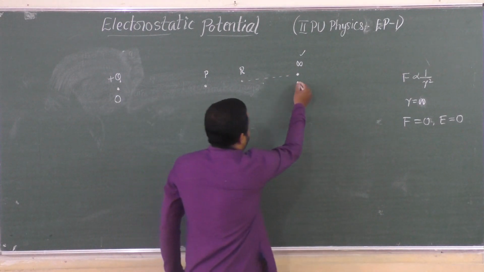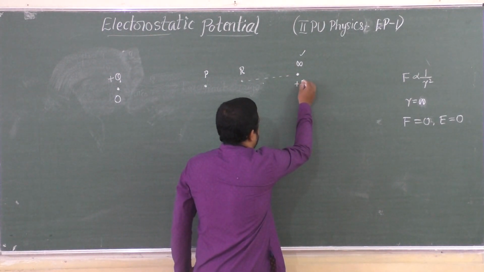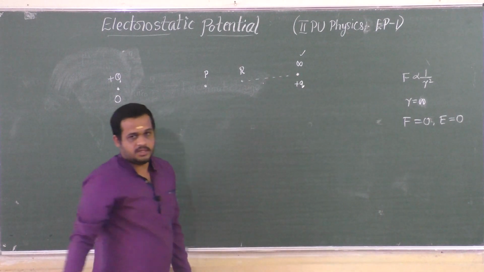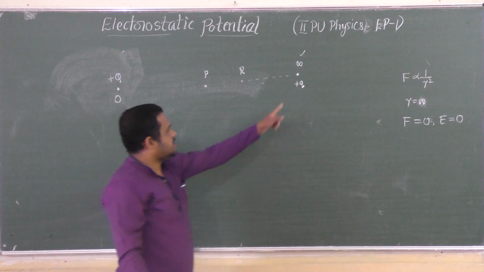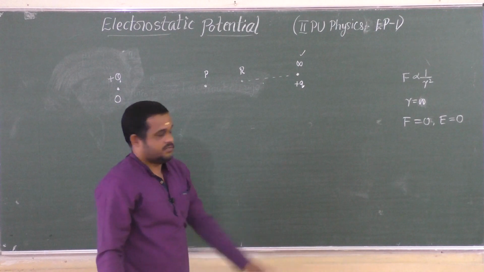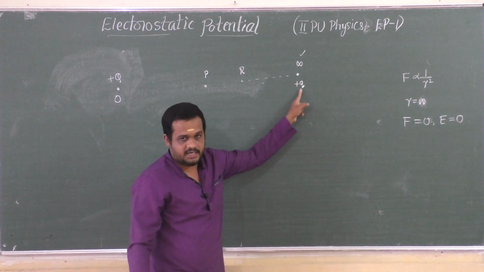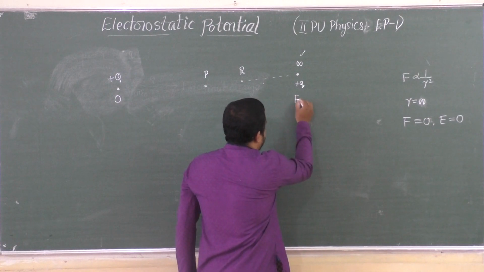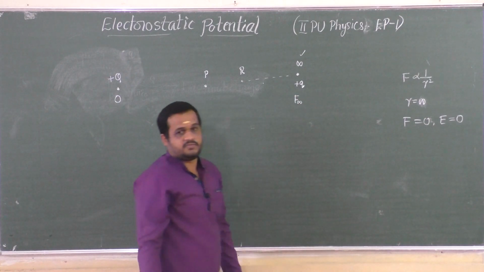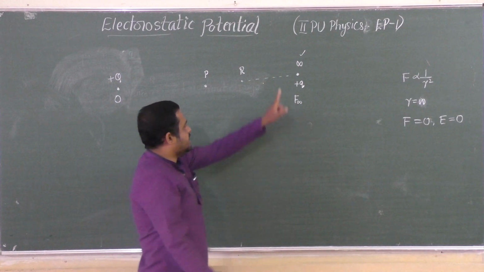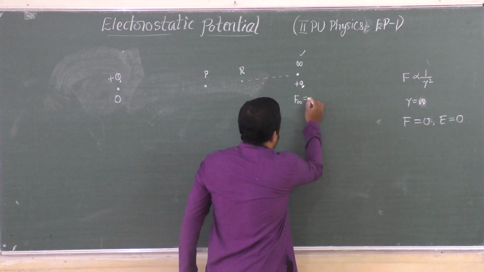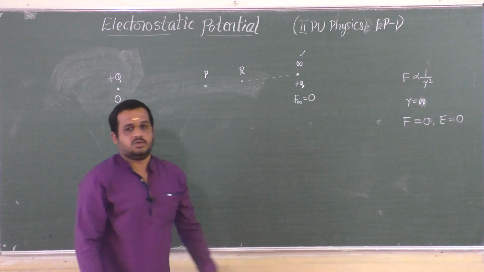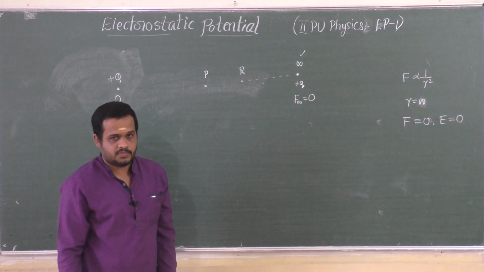Now consider a charge of magnitude plus q, that is the test charge. The test charge is at infinity. When this charge is at infinity, the magnitude of force acting on it, I will consider it as F infinity, the electrostatic force acting on plus q. It is at infinity, therefore electrostatic force F infinity is equal to 0.